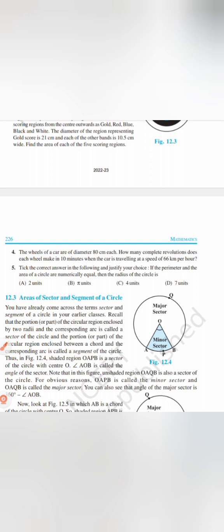Next we have: the wheels of a car are of diameter 80 centimeter each. So when I have a wheel, this wheel has got a diameter of 80 centimeter.